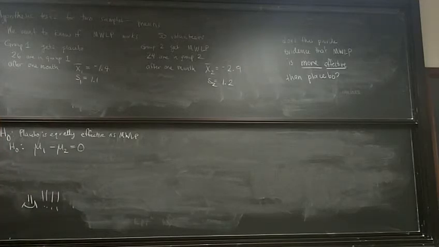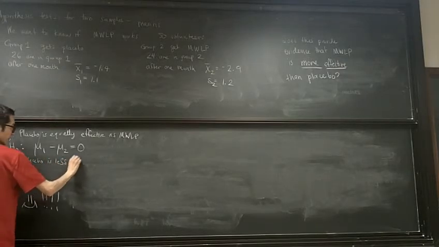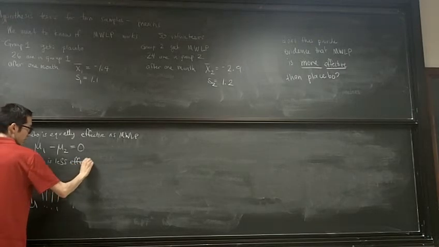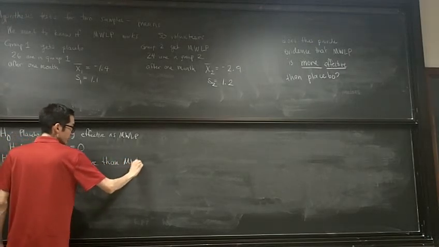Okay? Alright. And then the alternative is what? Miracle weight loss pill is more effective than placebo, or in other words, placebo is less effective than miracle weight loss pill.